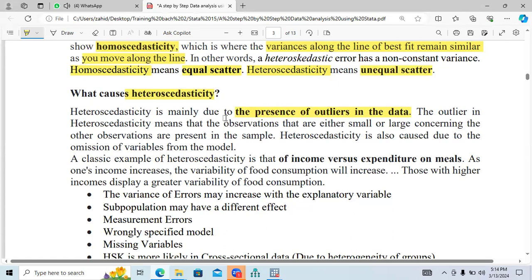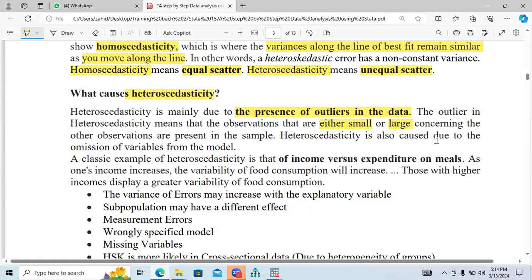Outliers mean that observations that are either small or large with respect to the other observations are present in the sample.